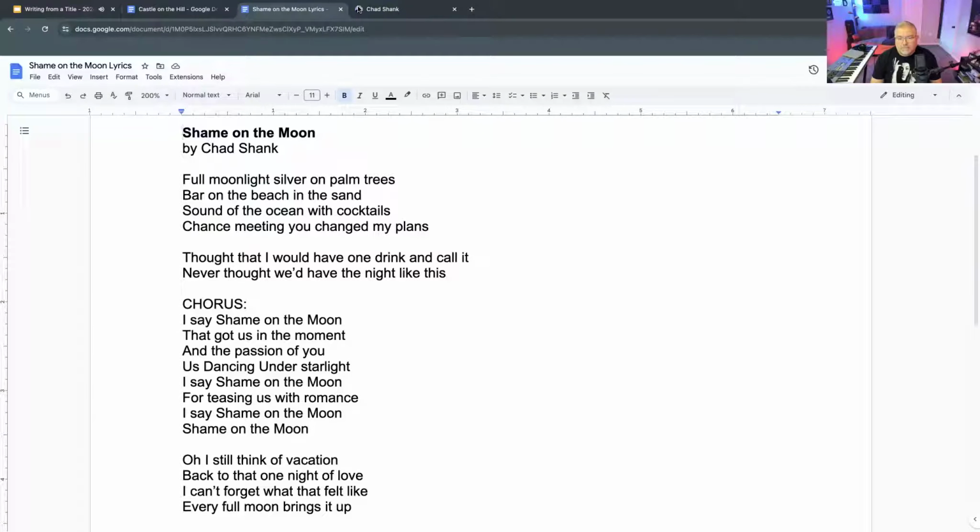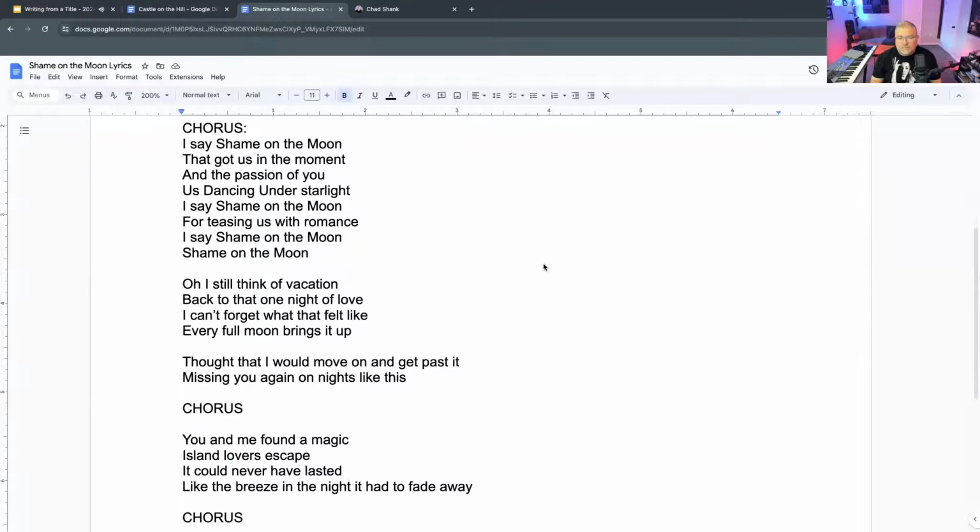Never thought we'd have the night like this. I say shame on the moon that got us in this moment, and the passion of you, us dancing under starlight. I say shame on the moon for teasing us with romance. I say shame on the moon, shame on the moon.